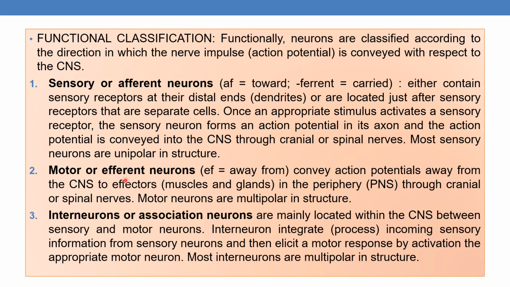Coming to motor or efferent neurons, ef means away from. As the name indicates, they convey action potential away from the CNS to effectors, which are nothing but muscles or glands in the periphery, through cranial or spinal nerves. So sensory or afferent neurons bring action potential or information towards the CNS, whereas motor or efferent neurons convey the action potential away from the CNS to effectors.